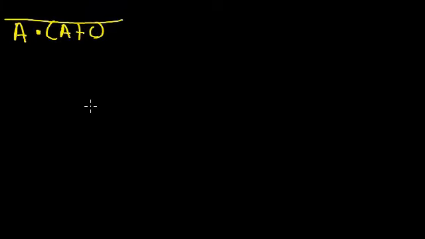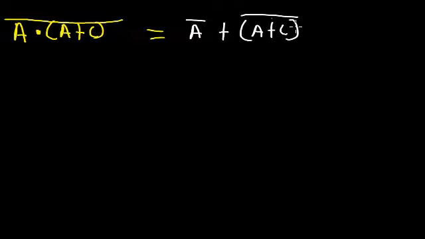So how can we simplify A times, in a bracket, A plus C all to the power of bar? So according to De Morgan's theorem, the complement of a product can be replaced with the sum of the complements. So this can be replaced with A bar plus A plus C bar.